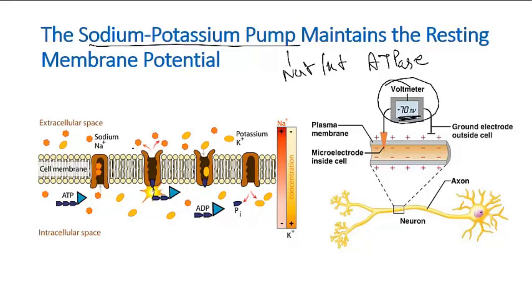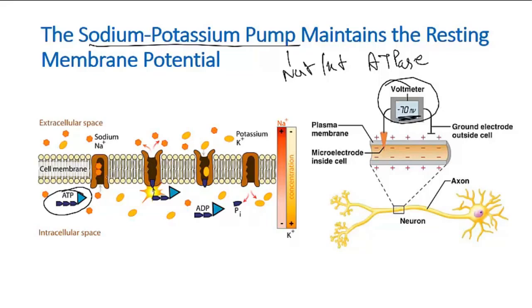Now, the job of this sodium-potassium pump is that it can bind with both sodium as well as potassium ions. It can also interact with ATP. So sodium binds to the specific sodium binding site, and then it will also interact with ATP, and then ATP hydrolysis causes the transporter to open up.